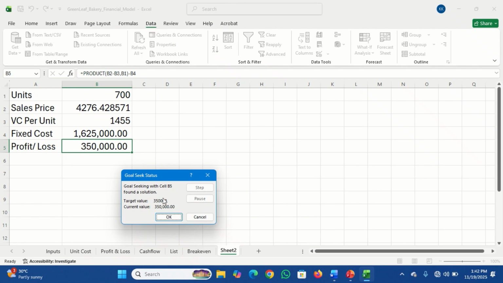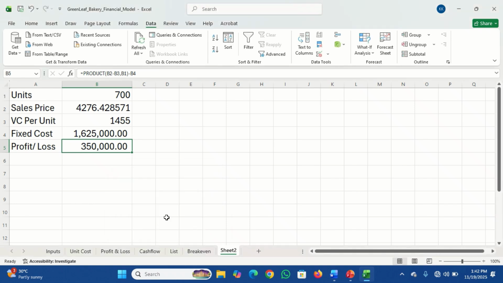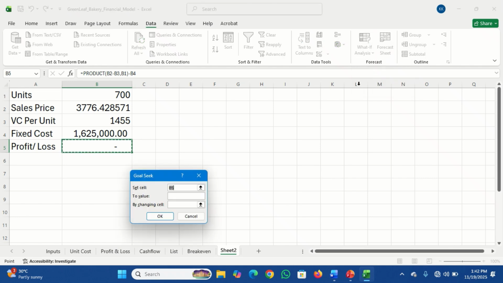Now supposing, instead of changing the price, we just want to change the product. We want to maintain our price. Let's know how many units we are going to be selling in order to make 350,000 naira profit.